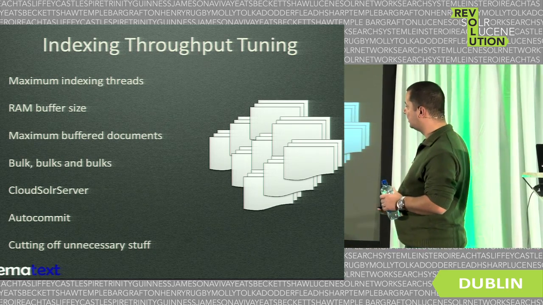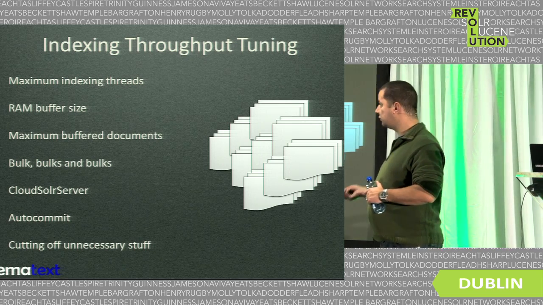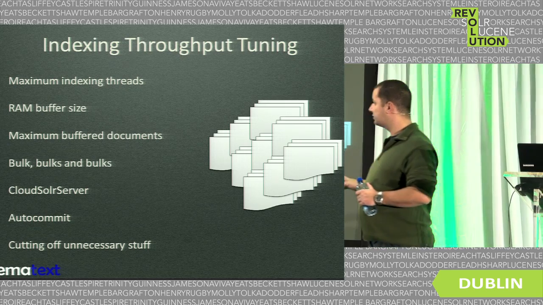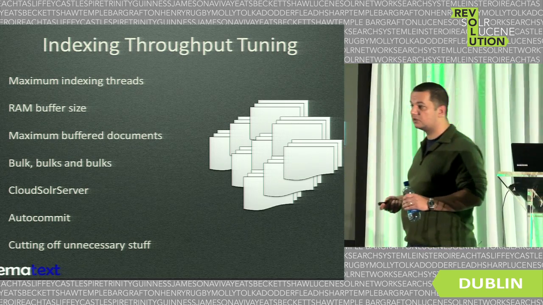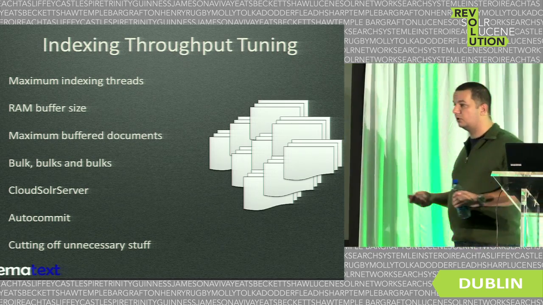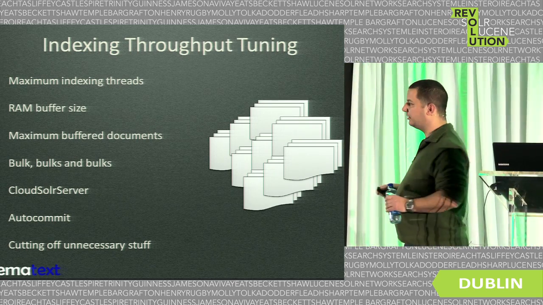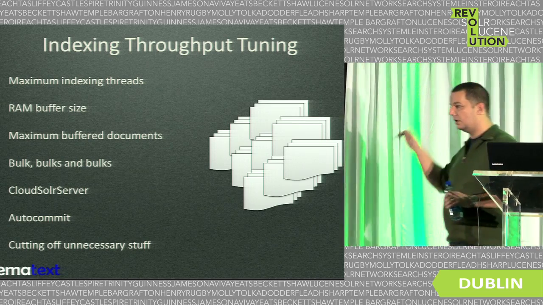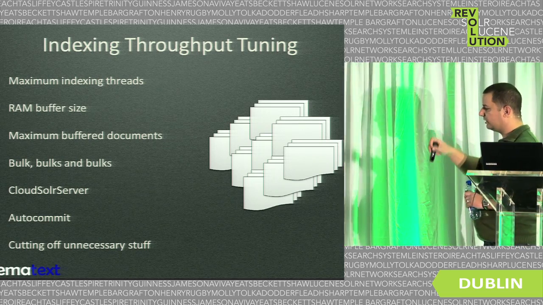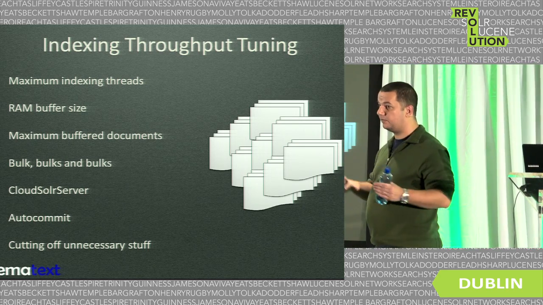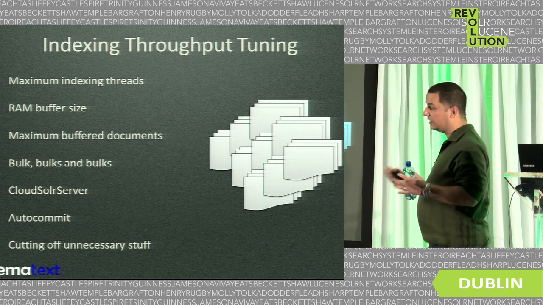If you're using Java or any JVM-based language, Cloud Solr server is a way to go because it connects to your ensemble, the Zookeeper one, and it knows where your leader is for the given shard, so it can point the data to the correct leader. That's nice because you save network throughput and network latency.